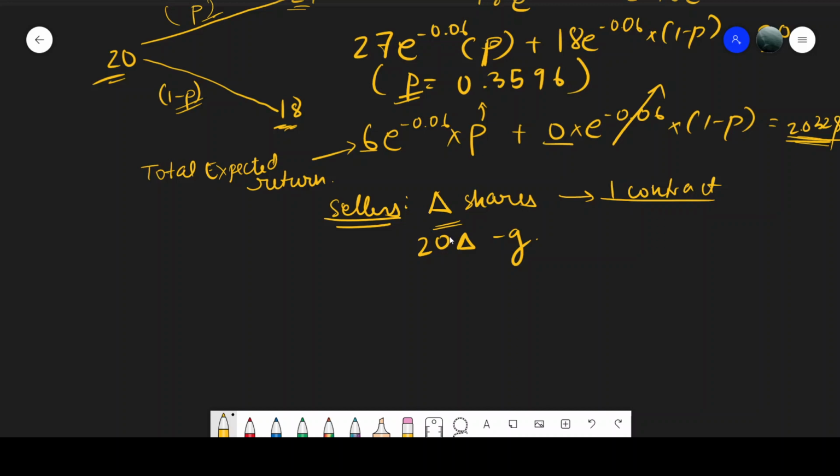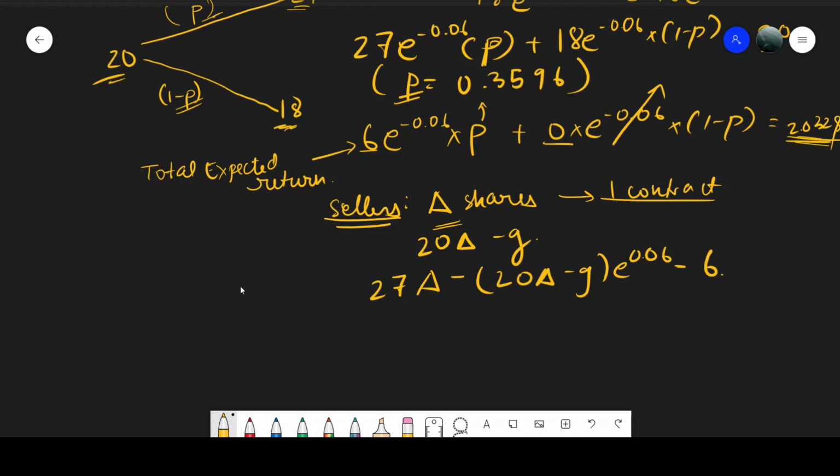So I'm going to borrow this much money, and what happens is if I take 27 delta, if the price goes up, then the money that I have to give back is 20 delta minus G e to the power 0.06 minus 6.